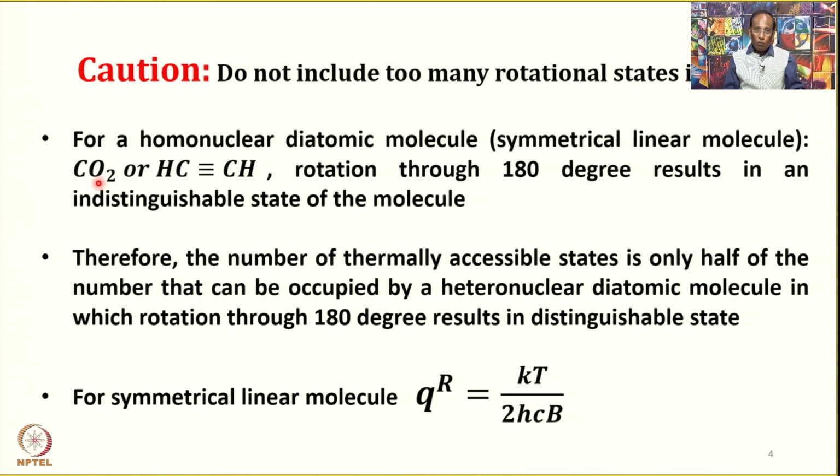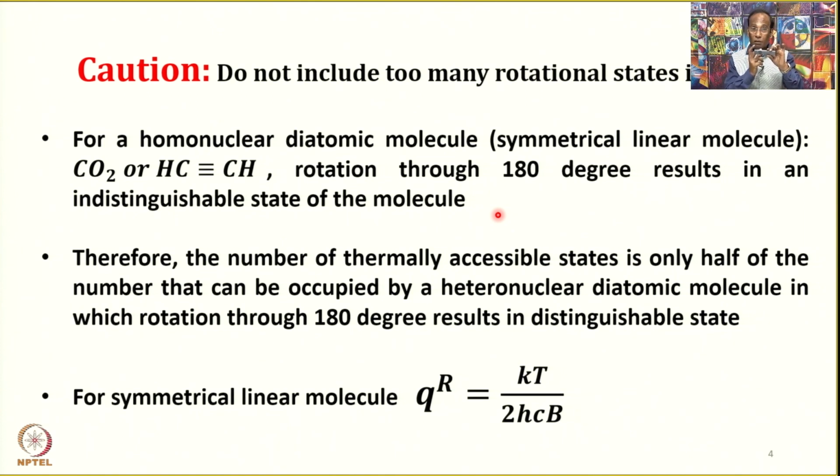Because when you have this homonuclear diatomic molecule or symmetrical linear molecule, then the rotation through 180 degree results in an indistinguishable state of the molecule. For example, if I consider this is one atom, this is another atom, and then when I rotate it by 180 degree, you cannot distinguish this atom from this atom. That means 180 degree rotation results in an indistinguishable state of the molecule.